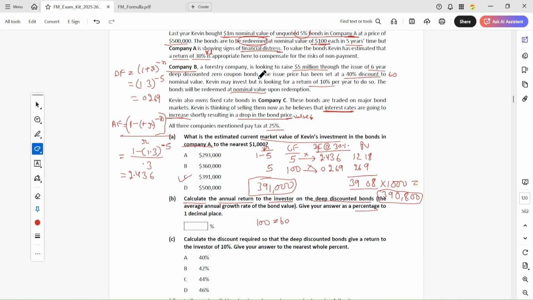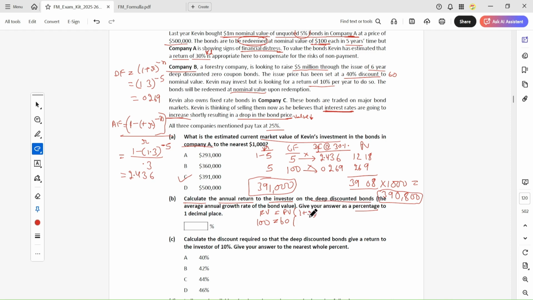Okay, so how much is the return? We have to use the future value formula. This is the future value that will be redeemed, and this is the present value at which it is issued, and this present value will grow at the return.